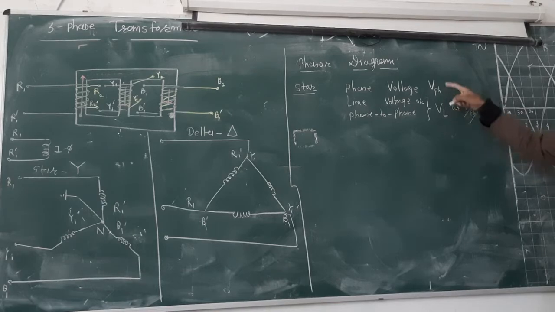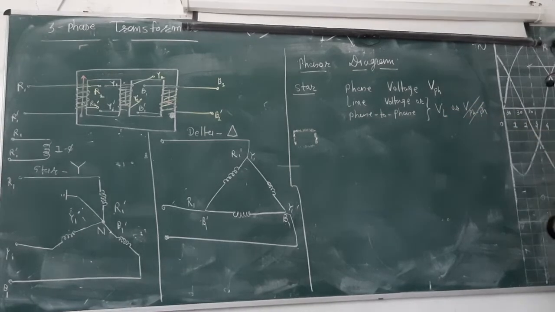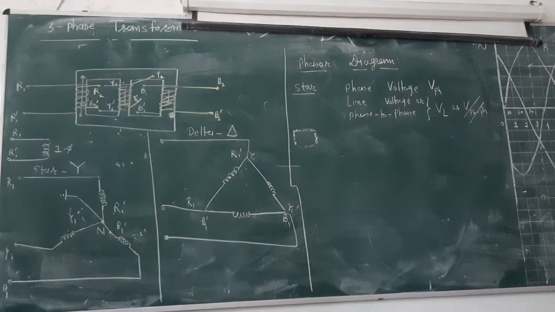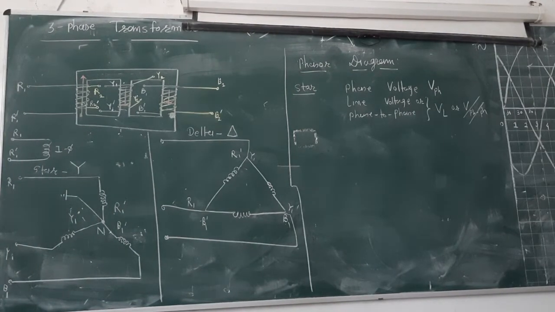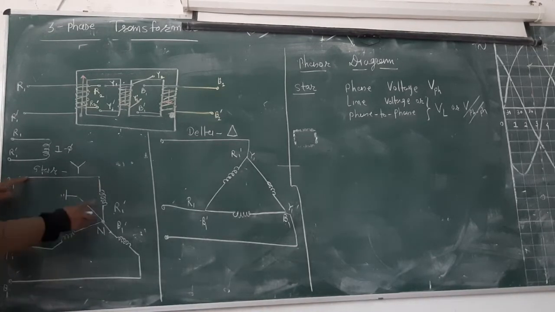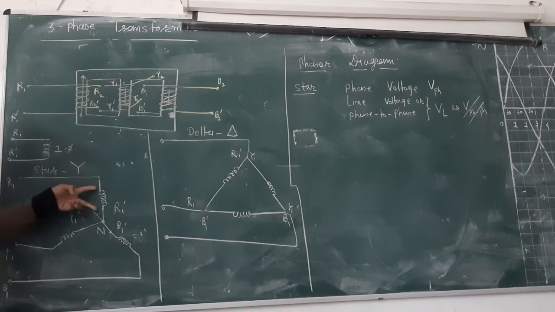We only consider these two symbols, line voltage and phase voltage. Clear? You must have this terminology clear. If I ask what is the phase voltage for the R winding, you have to consider this winding R, and whatever the voltage across these two terminals, that voltage ultimately goes this way and here to ground, 0. That will be the phase voltage.